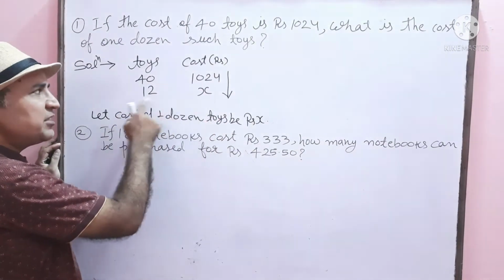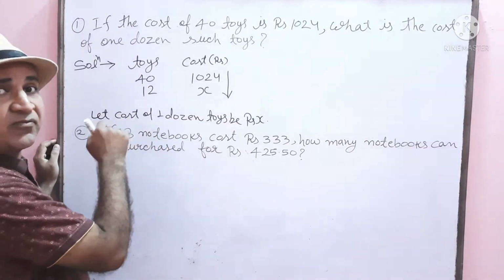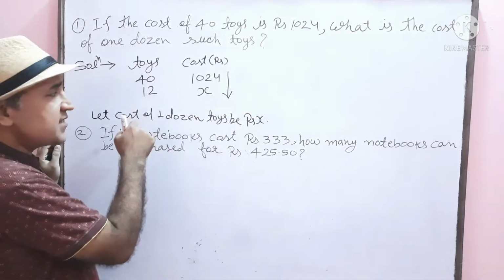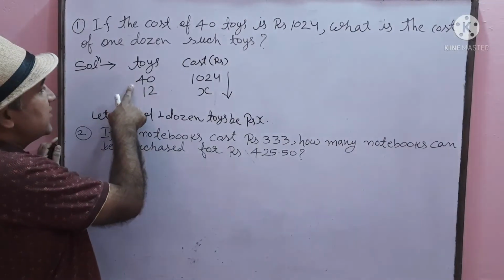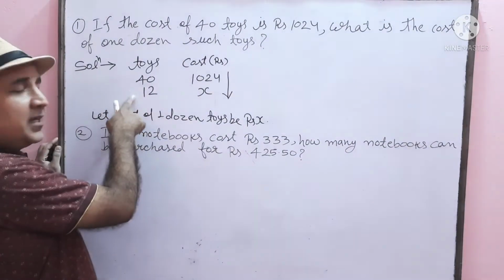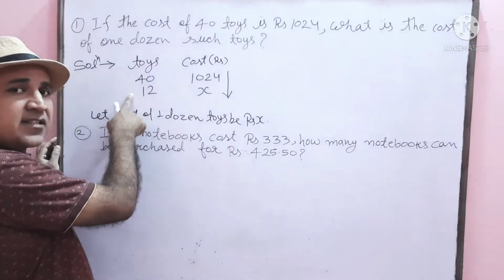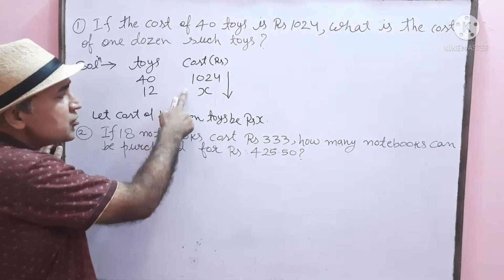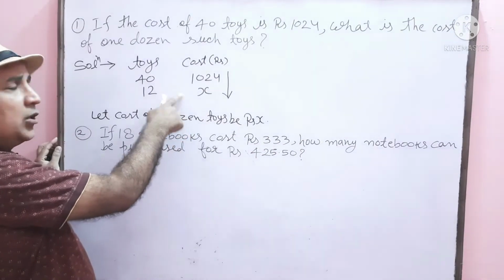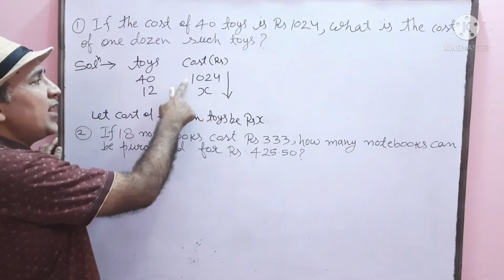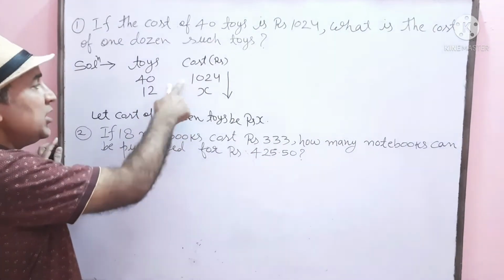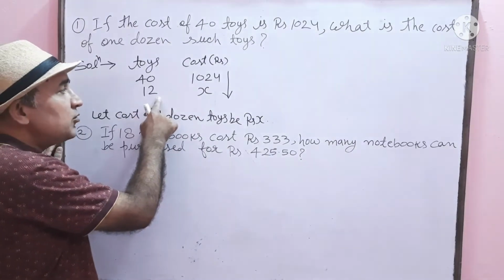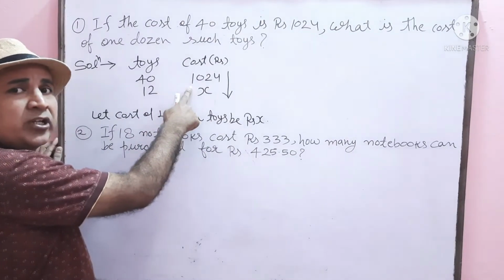And we have checked that there is direct variation. How to check? See once again. Toys 40 to 12 means the number of toys is decreasing. So very easily you can guess that the cost should also decrease. Total cost of 40 toys is 1024, then total cost of 12 toys will be less than 1024.